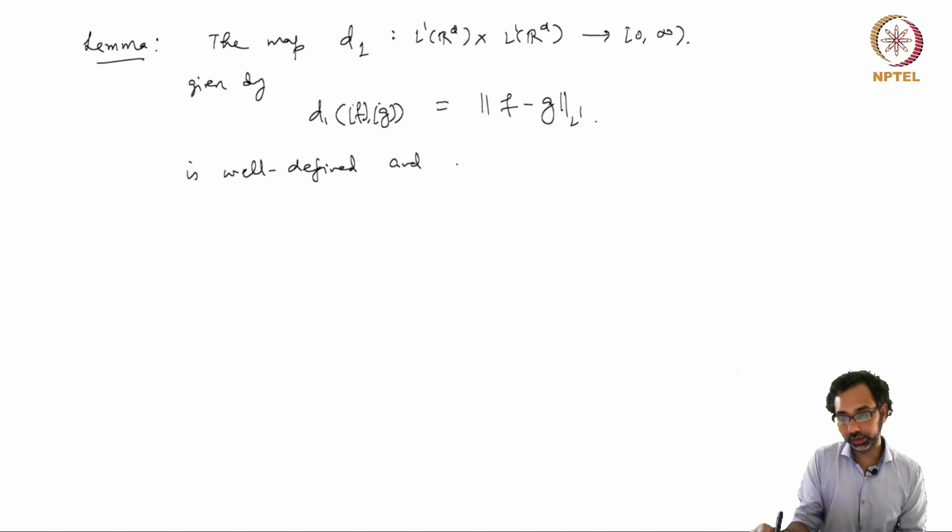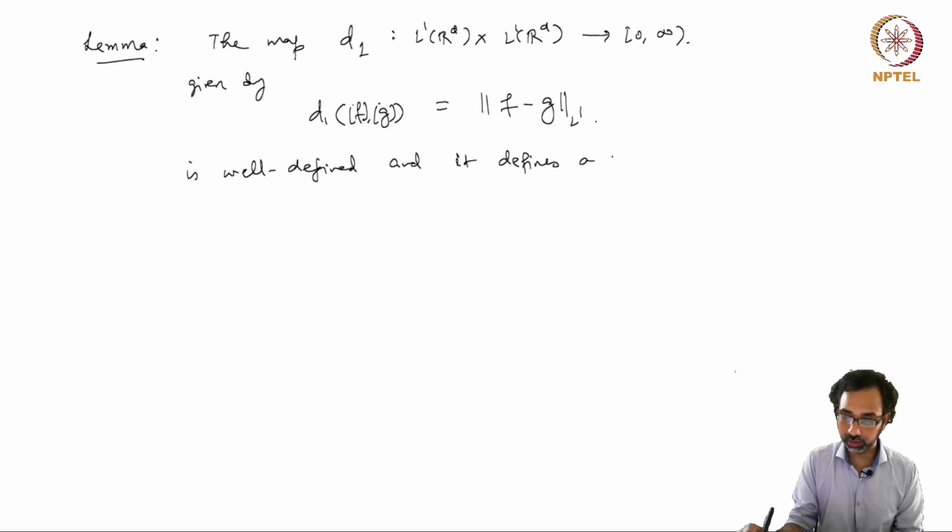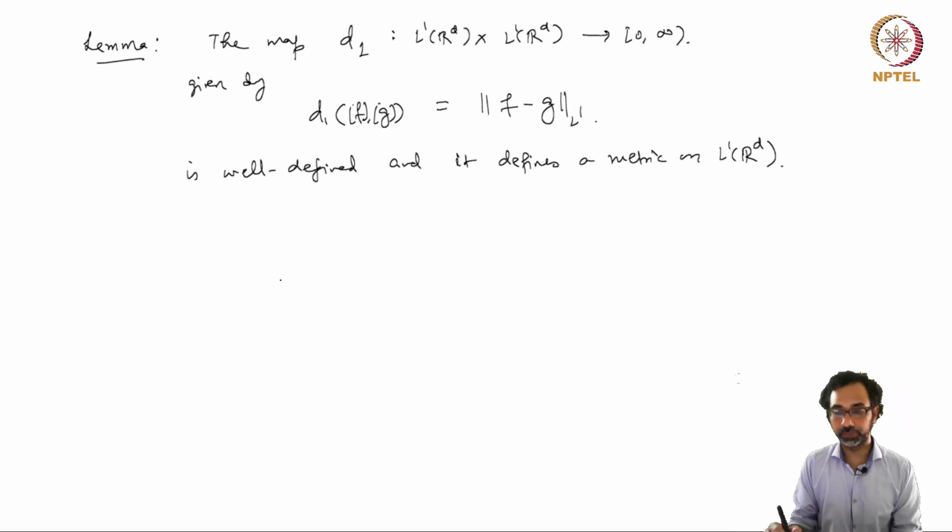and it defines a metric on L1(R^d). So by the properties of the metric, we just have to check positivity, symmetry and triangle inequality.